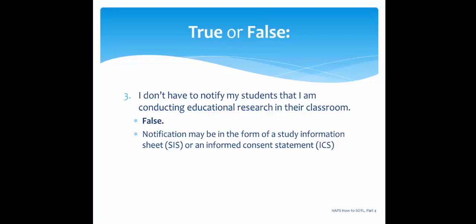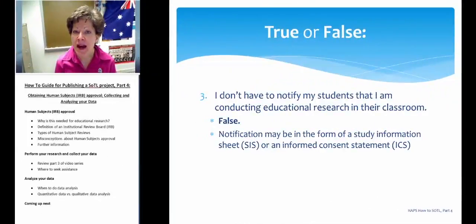So what's the difference between the two? The study information sheet would be simply you'd pass out a sheet of paper letting the students know you're collecting data about the regular classroom activities. You don't necessarily need to get signed consent statements from your students. You're merely letting them know you're evaluating a teaching intervention so that they are aware that the study's going on.